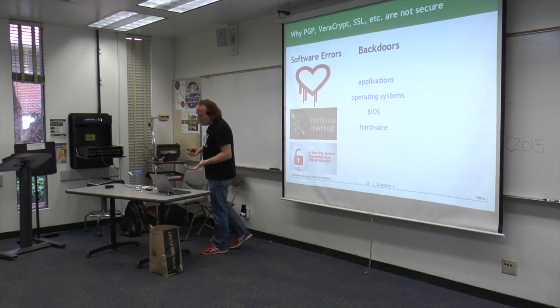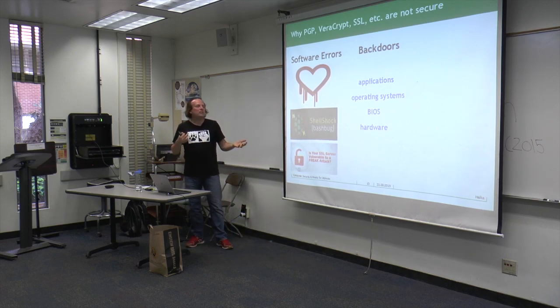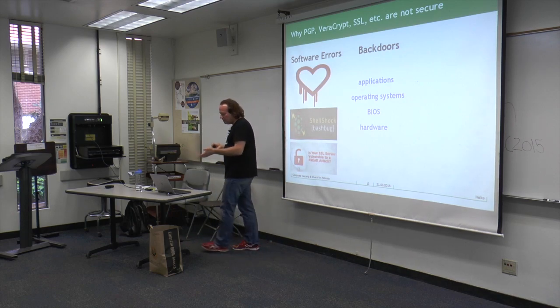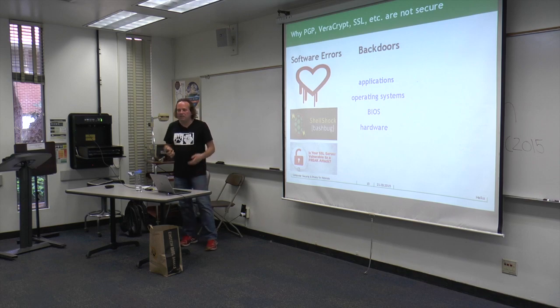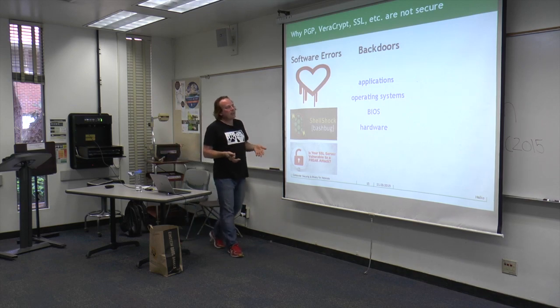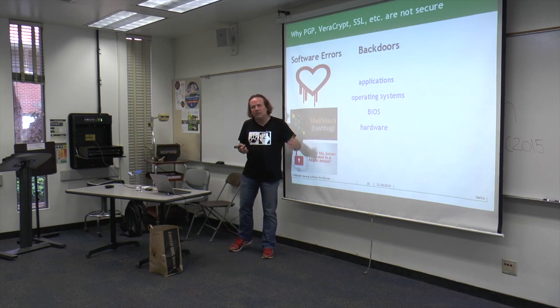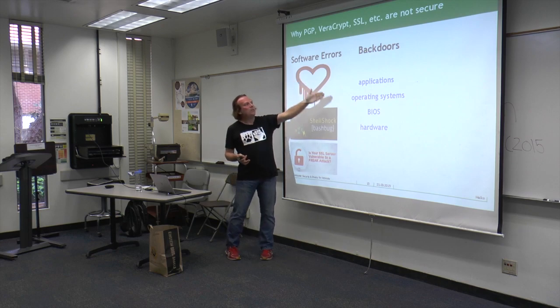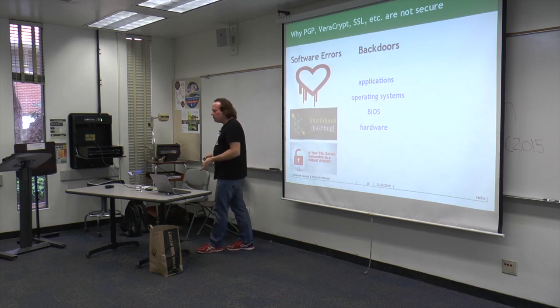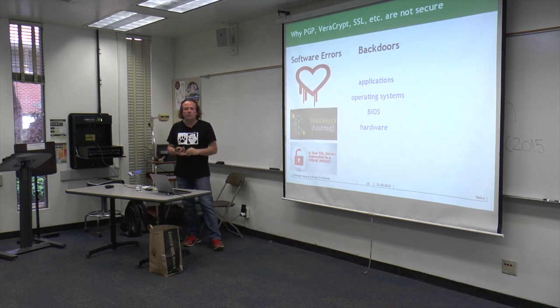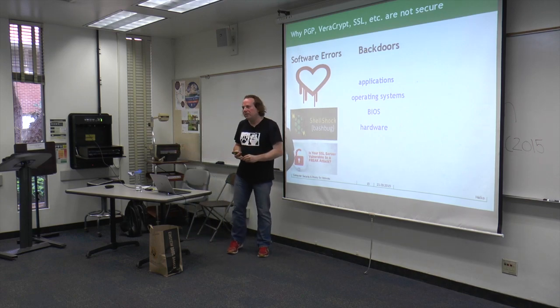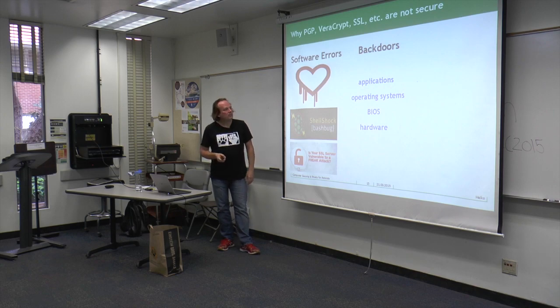And there's also information out there that certain types of hardware, so if you're using Huawei hardware for your network communication, the Chinese government has backdoors into that hardware. So all kinds of backdoors might exist in the software and hardware that you're using, which potentially could be used to get around the security that you have in your computers.